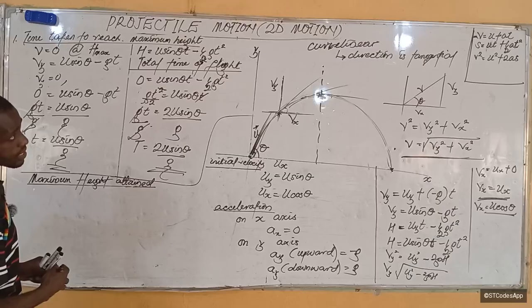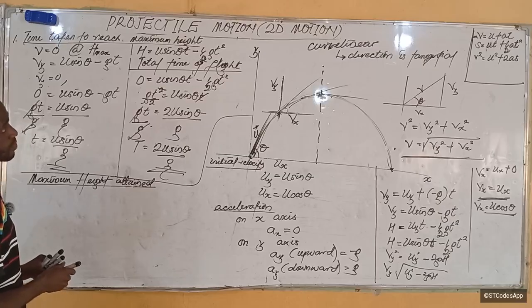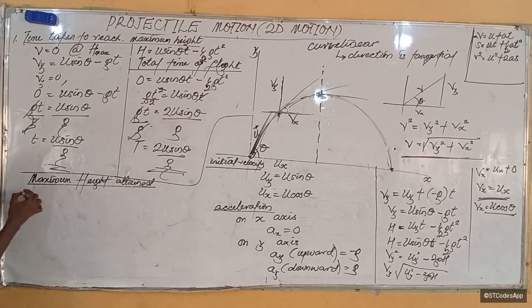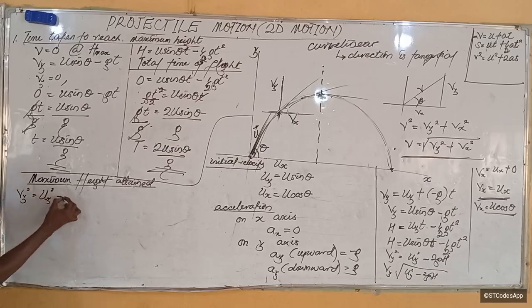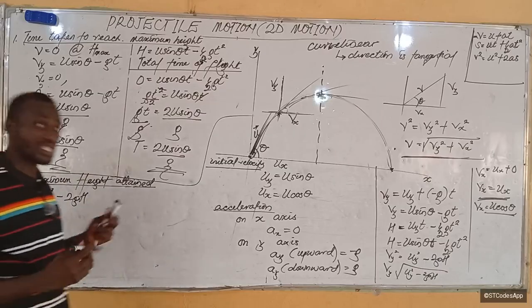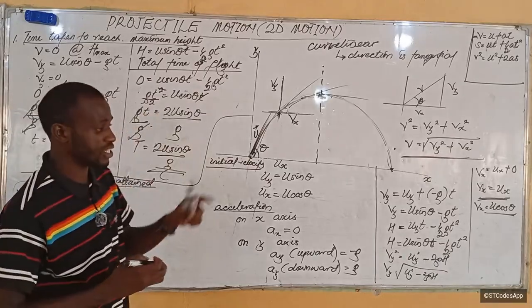So we know that v sub y squared is equal to u sub y squared minus 2gh. Now, at maximum height, v sub y will reduce to 0, isn't it? So that's why I said that formula is easier to use.